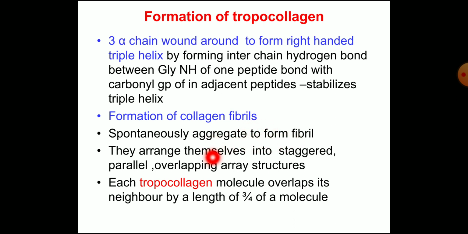They arrange themselves in a quarter-staggered manner, parallel and overlapping areas. Before that, the peptidases again cleave the amino acids on both sides, that is the amino terminal and the carboxy terminal. Each tropocollagen molecule overlaps the neighbor by 3/4 of the length of the molecule.